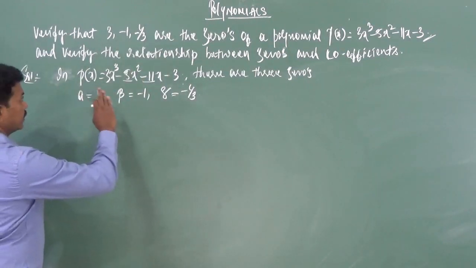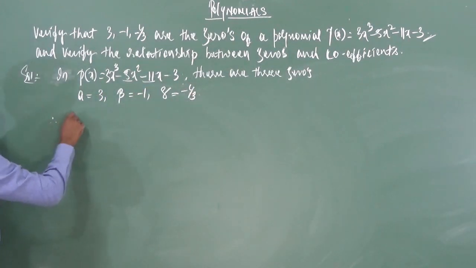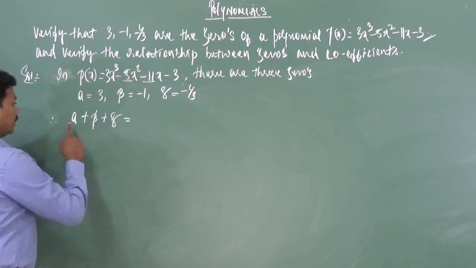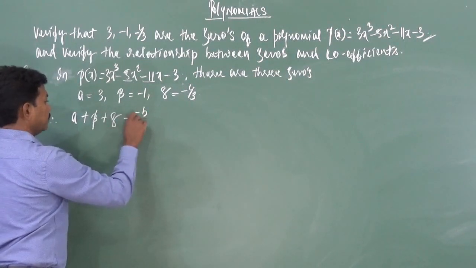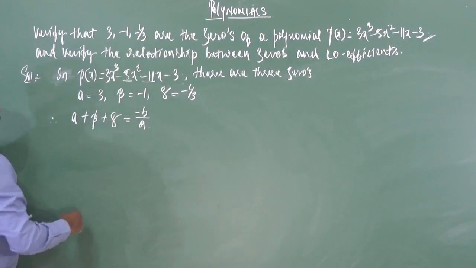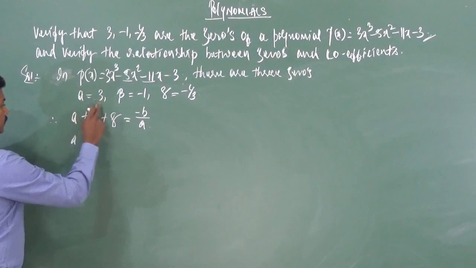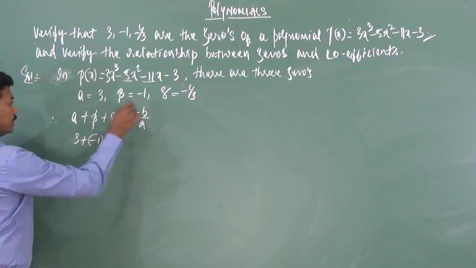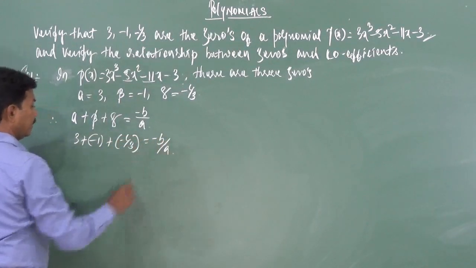So now we have to verify the relationship between zeros and coefficients. So therefore, alpha plus beta plus gamma is equal to minus b by a. That is minus b by a. So alpha is that is 3 plus beta is minus 1 plus gamma is minus 1 by 3 is equal to minus b by a.